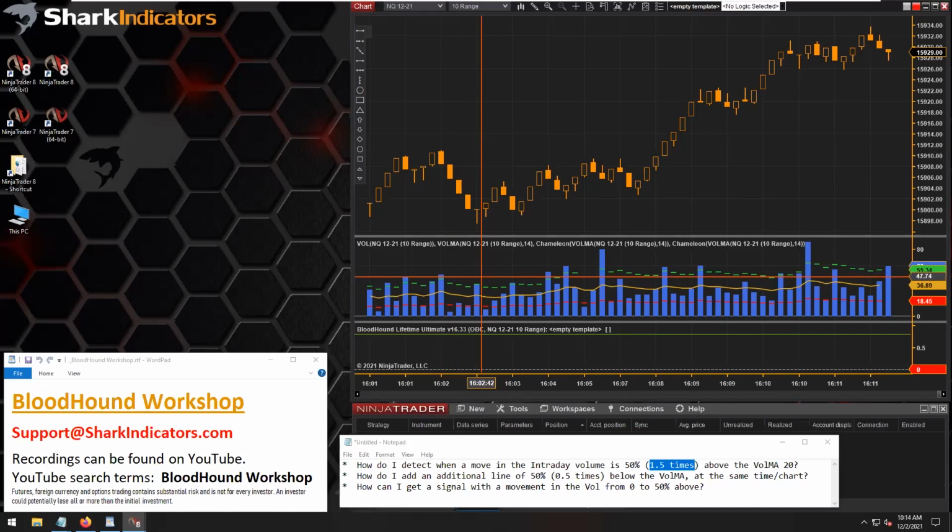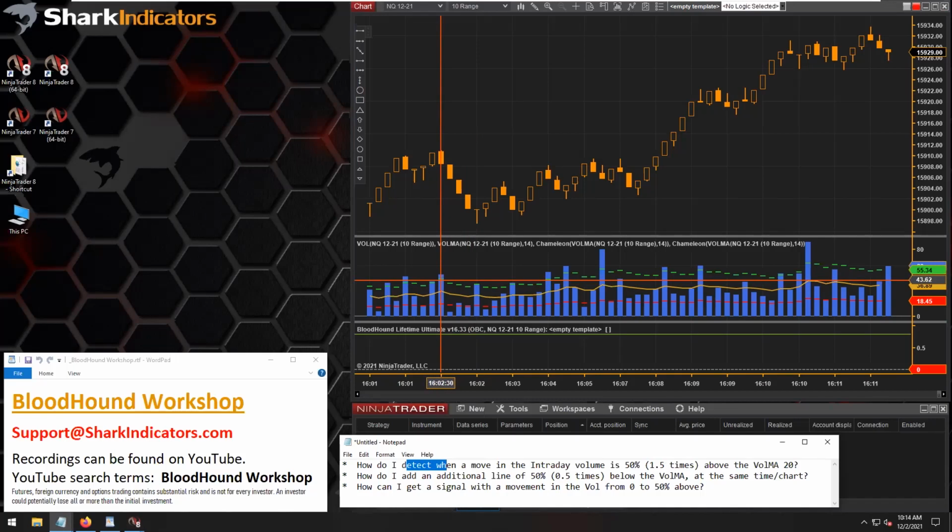All right, so now we can actually start getting to the question. This is a two-part question. So simply, how do we detect when the volume goes higher than 1.5 times, or maybe higher than the 50%? But then we also want to identify some conditions here. So how do we generate a signal when the volume moves from, actually, I did get some clarification.